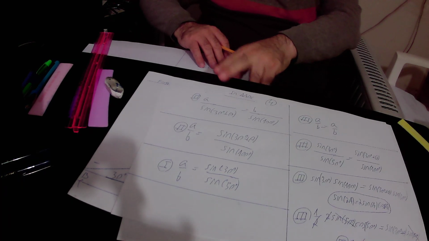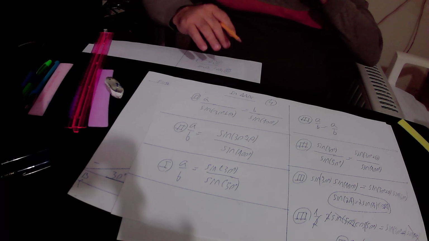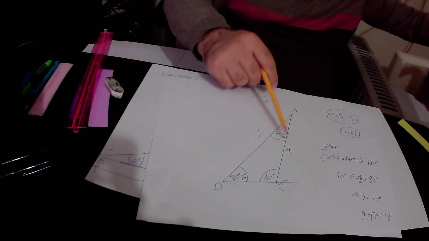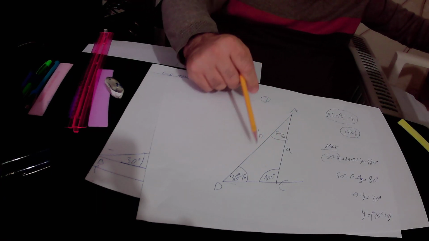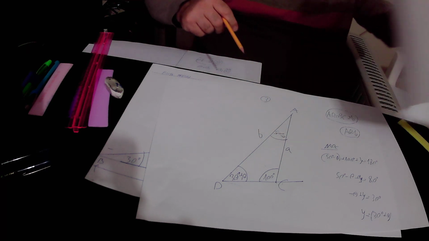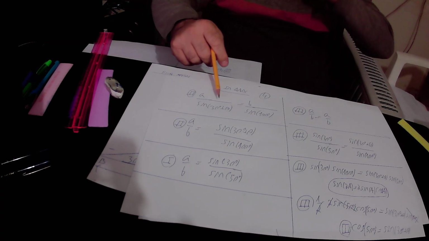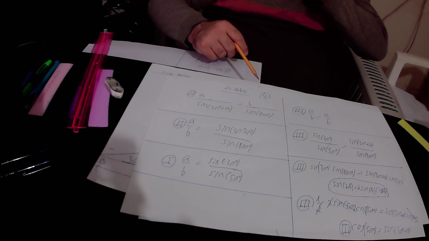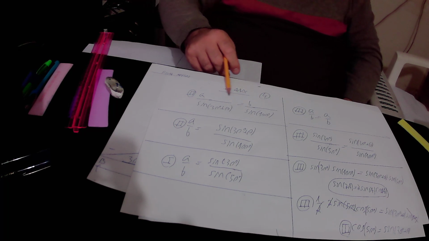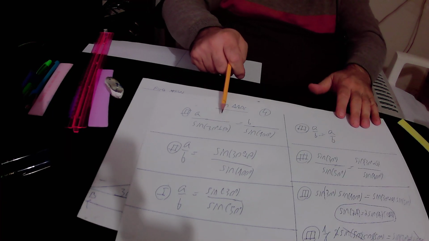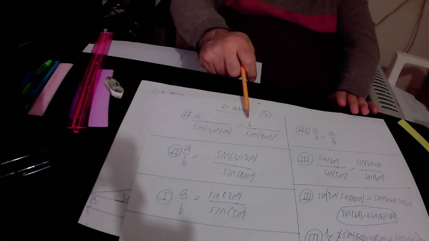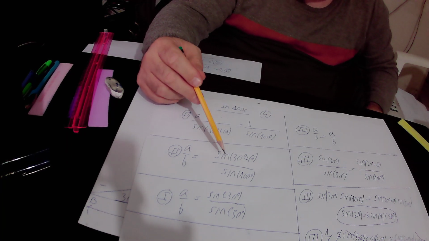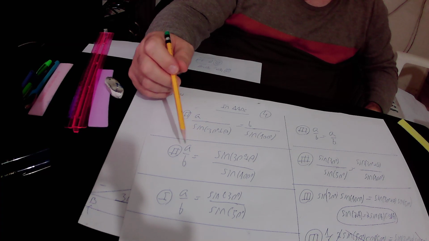In triangle ADC, we know that A over sine of 30 degrees plus theta equals B over sine 100 degrees. We divided this equation number 2 by B, and then we multiplied it by sine 30 degrees plus theta, and we got that A over B equals sine 30 degrees plus theta over sine 100 degrees.